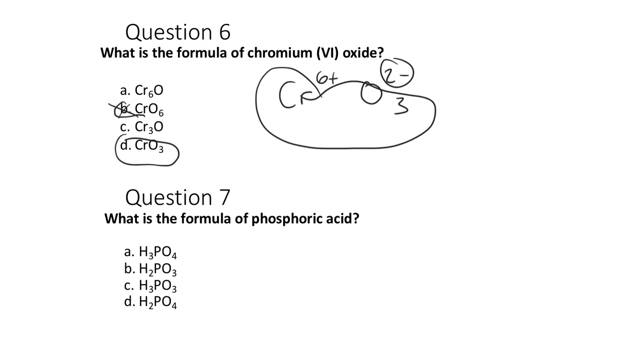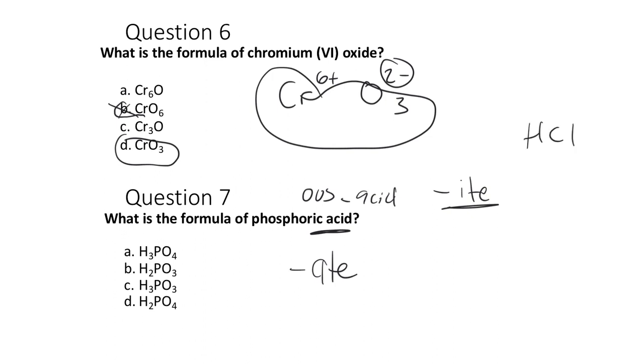What's phosphoric acid? Ic acids are derived off of ate-ending ions. If you see an acid that's an ous acid, these are derived off of ions that end in ite. If you see a hydro out in front of the name of the acid, then it would be derived off of our simple ide ions. So real quick, HCl is hydrochloric acid.